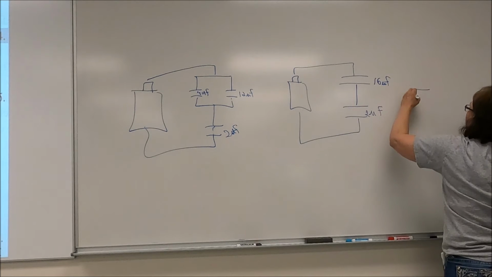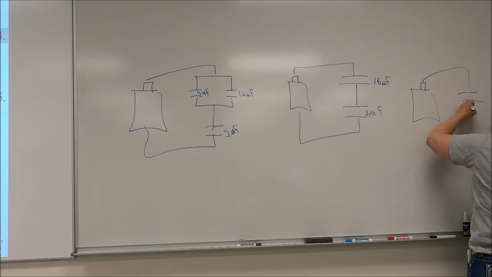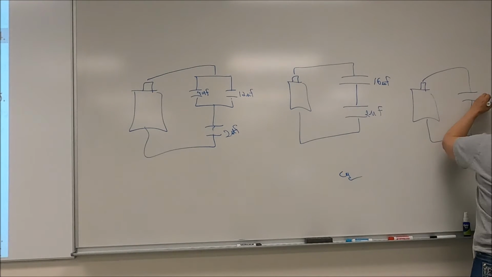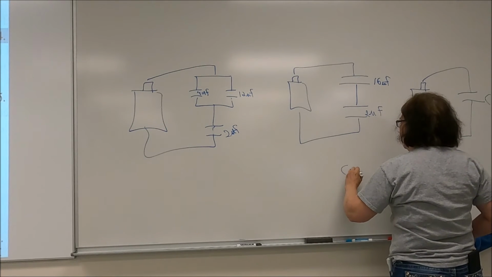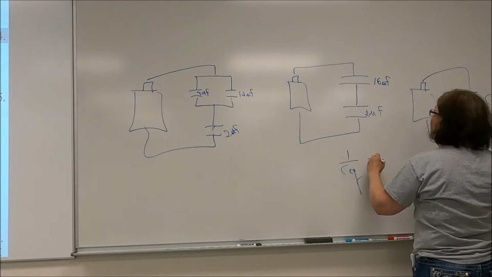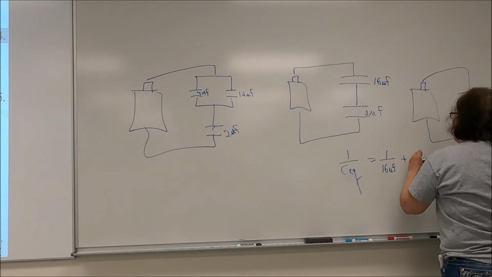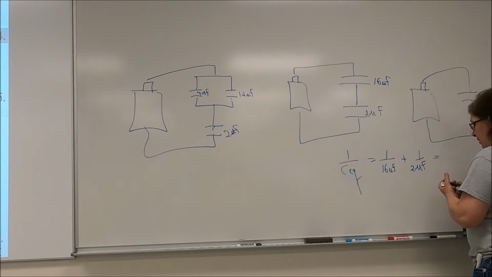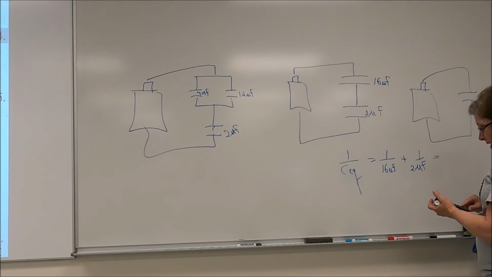So if I want to take this down to 1 single capacitor, then C equivalent is going to be 1 over 16 microfarads plus 1 over 2 microfarads. So 1 over 2 plus 1 over 16.